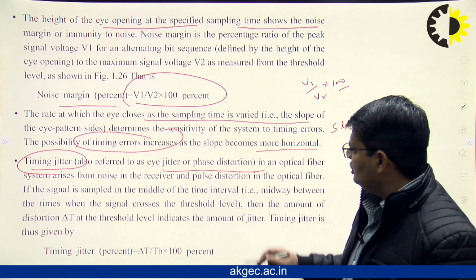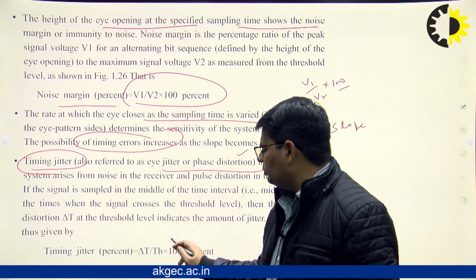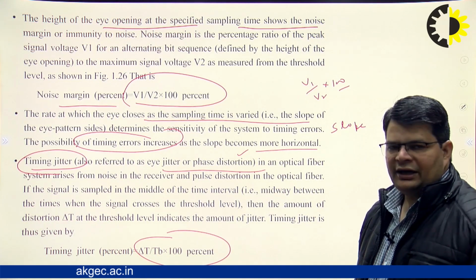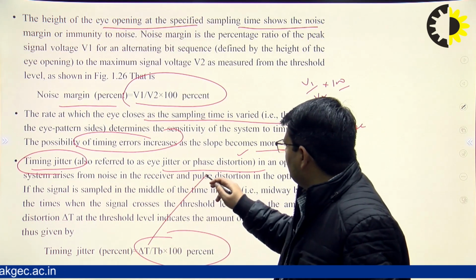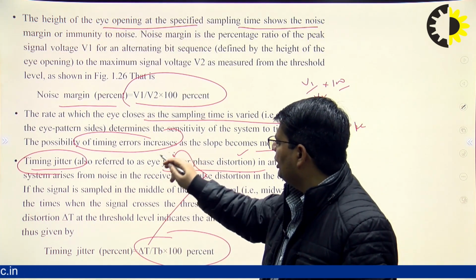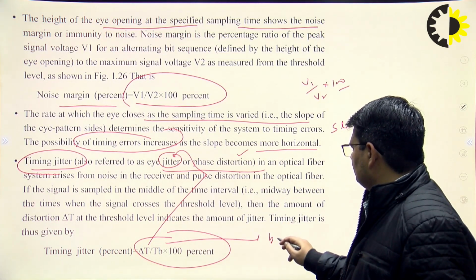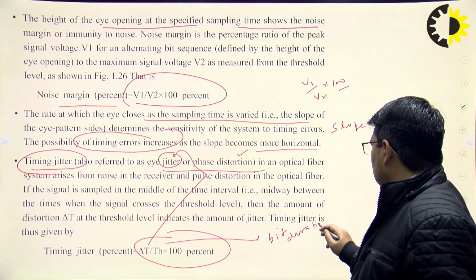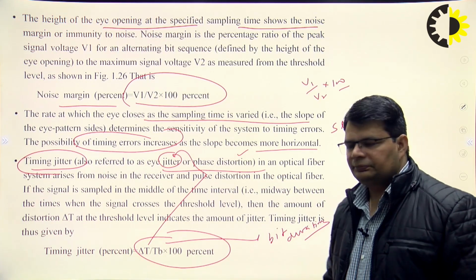As discussed, this explains the phase distortion, and phase distortion is given by the formula delta t by TB into 100, where delta t is the time duration in terms of the eye jitter, and TB is the bit duration depending upon the bit rate or data rate, multiplied by 100.